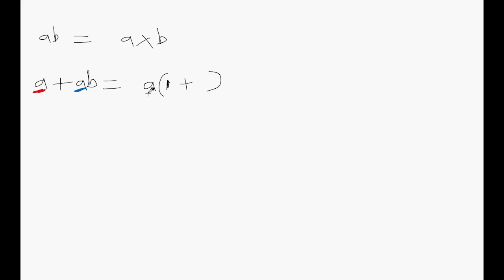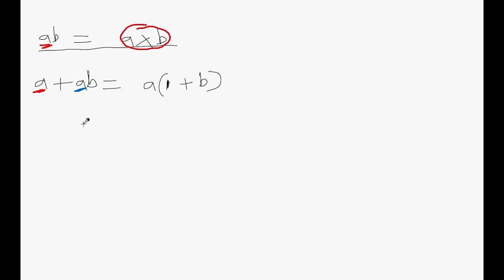Now the next goal is to find what you would multiply A by in order to get AB. If you multiply A times B, you get AB. So simply, we know that a B should be here. So now this is how you would factorize a simple expression such as this.